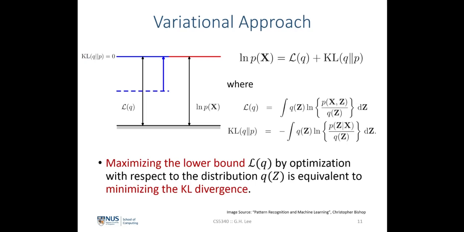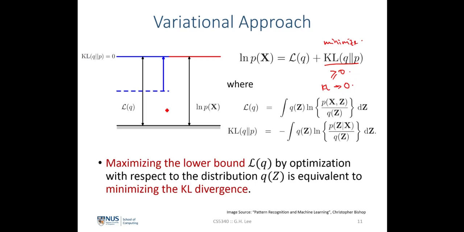From this particular diagram that depicts the relation of the log likelihood, the lower bound, as well as the KL divergence, we can see that we want to minimize this KL divergence term, which is our initial objective in order to make the proposal distribution Q as close to the target distribution P as possible. Since it's always more than or equal to 0, it would be minimized when the KL divergence term tends towards 0.